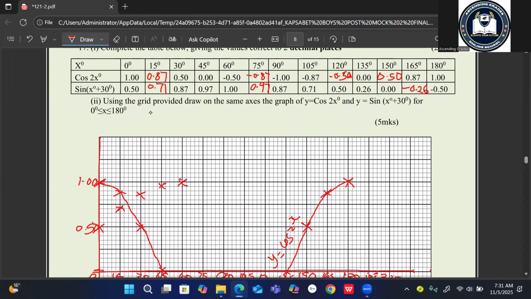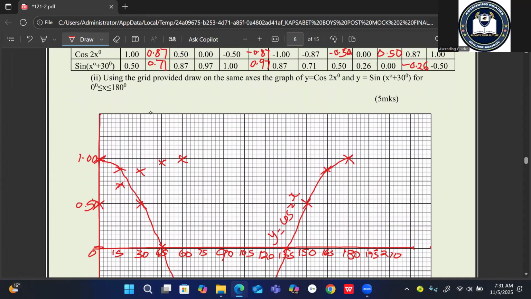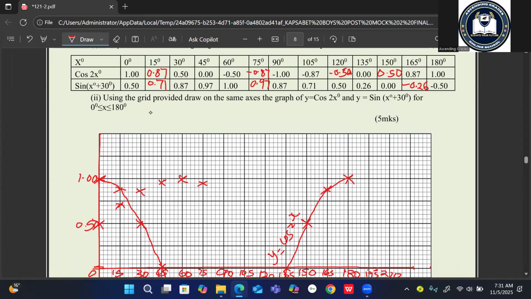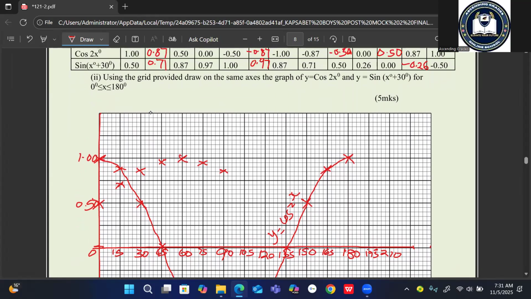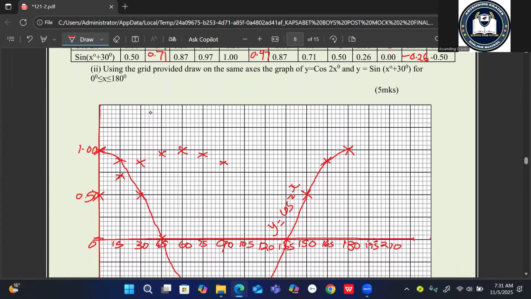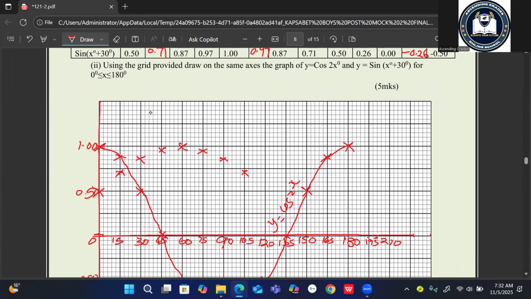Next one we have 75, then 0.97 there. Then 90, 0.87, it's there. The next one we have 105, 0.71, it's there. We have 120, 0.5.